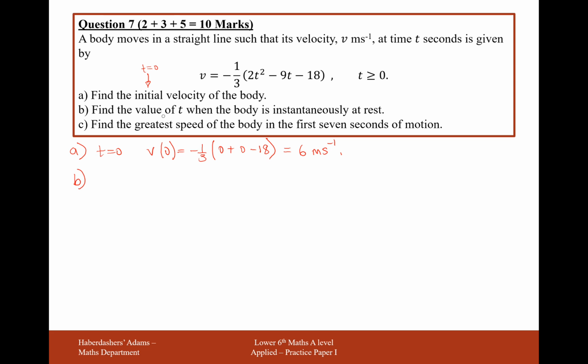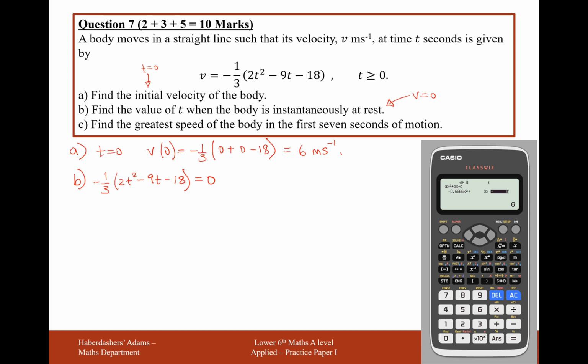Find the value of t when the body is instantaneously at rest. If a particle is at rest, then v equals 0, and we want to find what t is. So all we need to do is set v, minus a third of (2t squared minus 9t minus 18), equal to 0. Now we can grab our calculator and get it to do the brunt of the work for us.